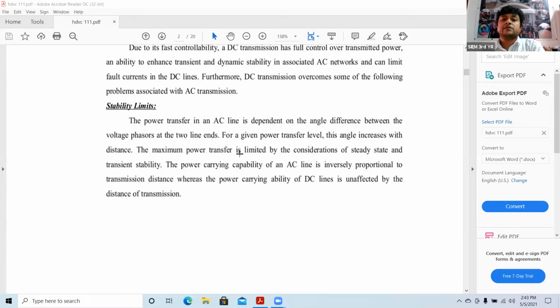The maximum power transfer is limited by the consideration of steady state and transient stability. The power carrying capability of an AC line is inversely proportional to the transmission distance, whereas the power carrying ability of a DC line is unaffected by the distance of transmission.